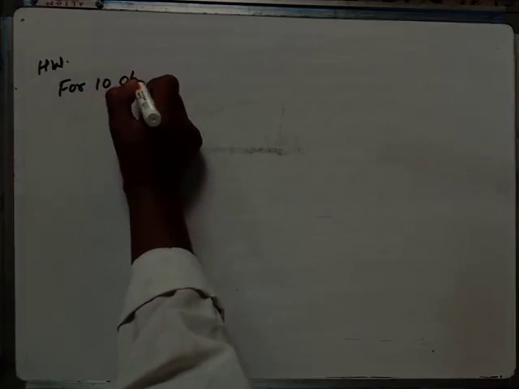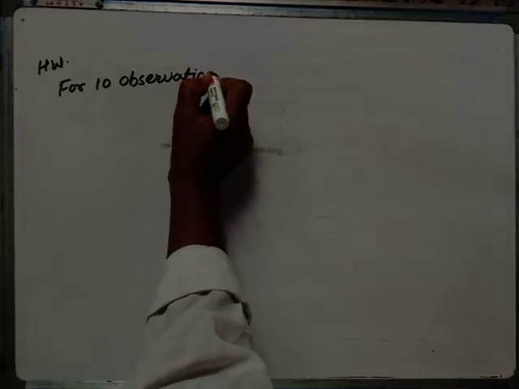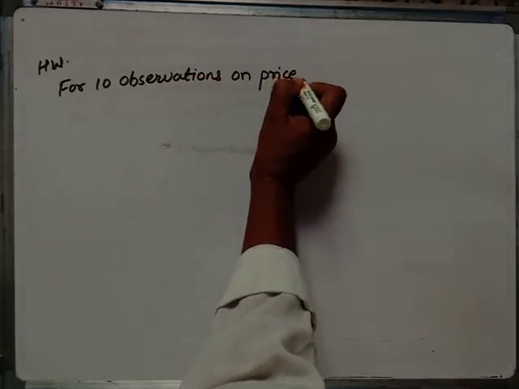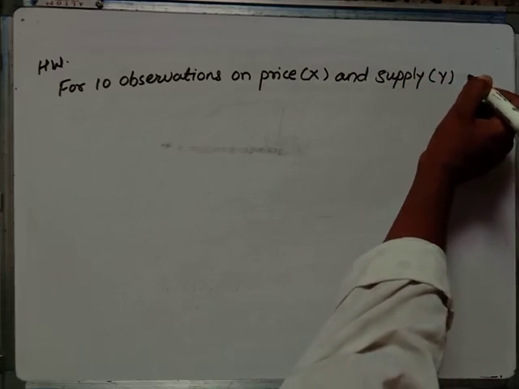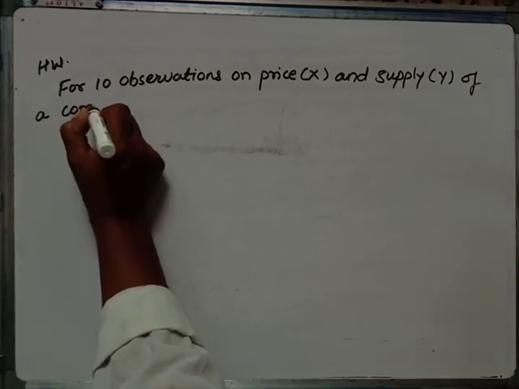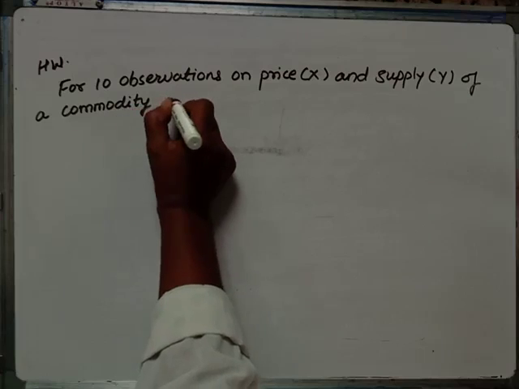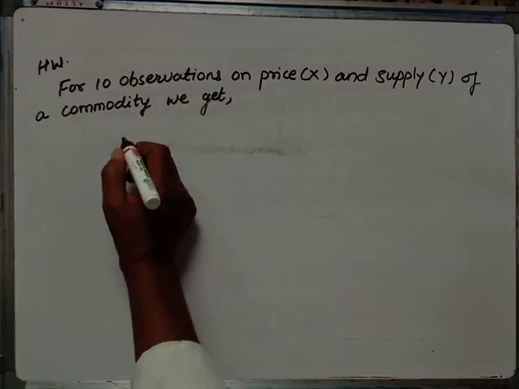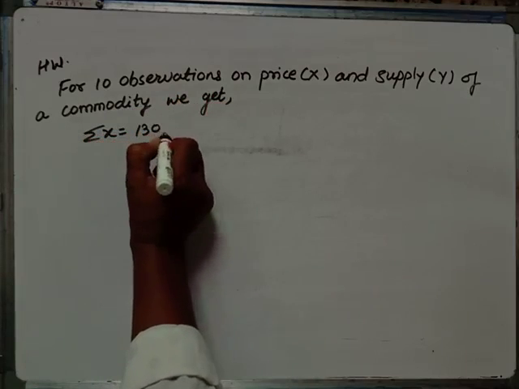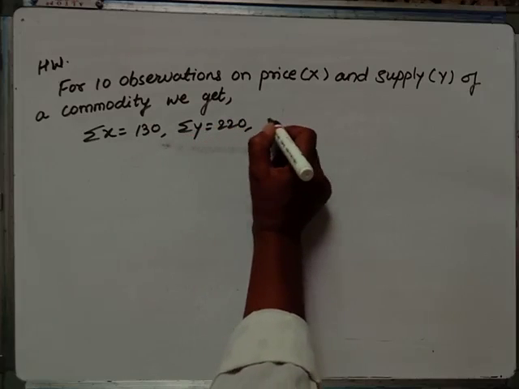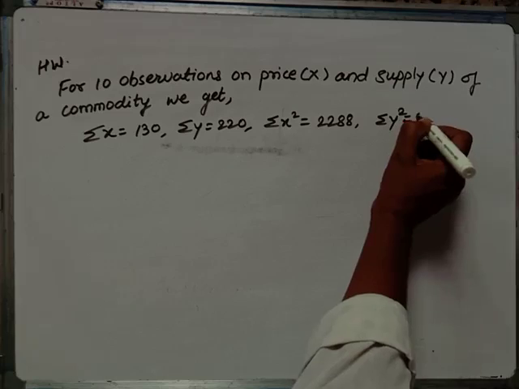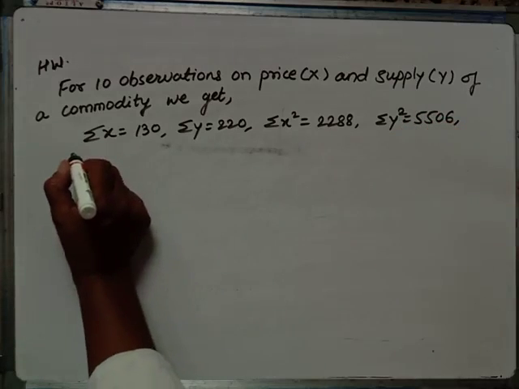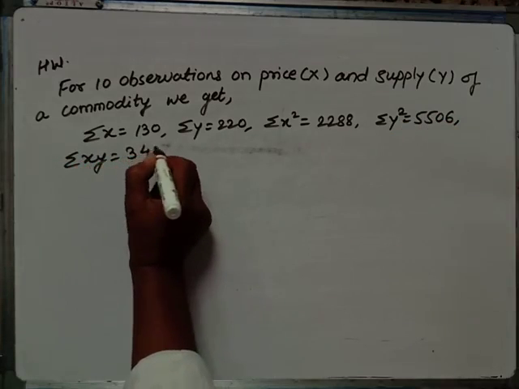Now let me give one example as a homework to you. Homework: for 10 observations on price, which will be x, and supply, which is y, of a commodity, we get summation x is 130, summation y is 220, summation x square is 2288, summation y square is 5506, summation xy is 3467.